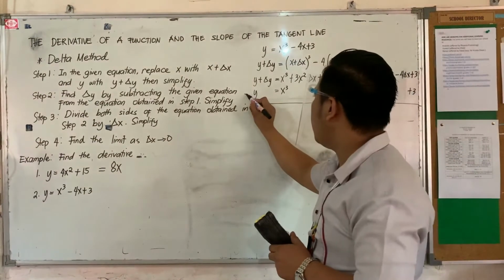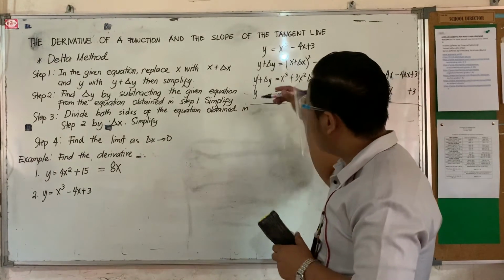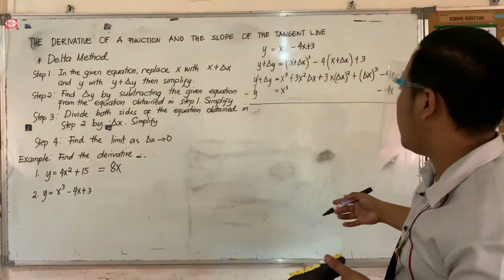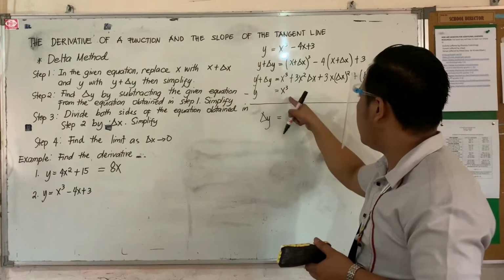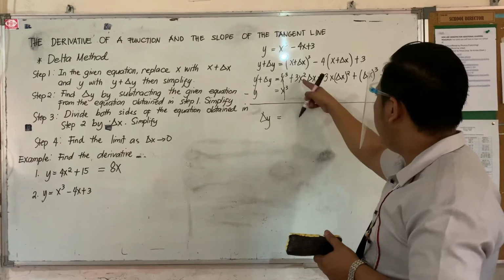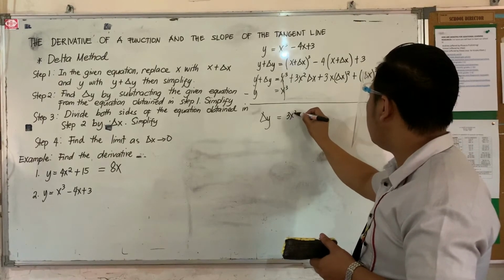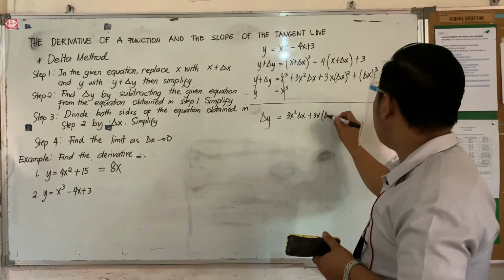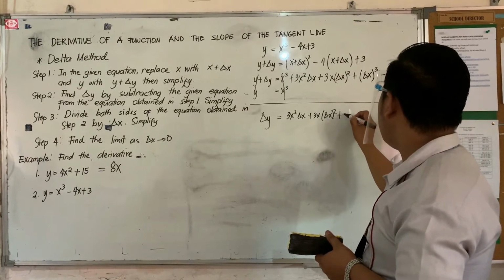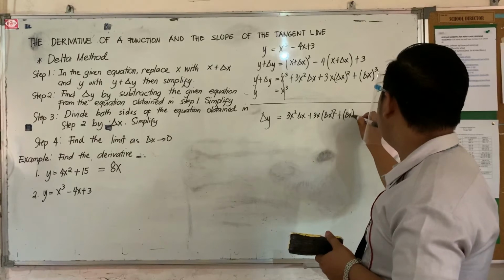Then, so subtract natin. Y minus y will give us nothing. So, cancelled out na po siya. Then, bring down delta y equals x cubed minus x cubed. Cancelled out din yan. Bring down 3x squared delta x plus 3x delta x squared plus delta x cubed.